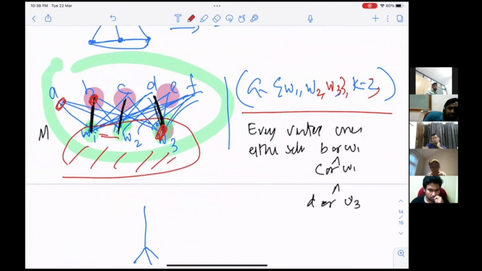But A, B, C, D, E, F did not have any neighbor but W1, W2, W3. So this is exactly what happened. In some sense, W1, W2, W3 is as good as anything your vertex cover could pick from here.